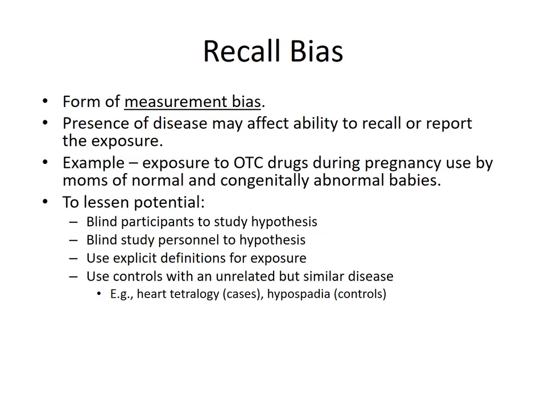How to minimize this bias? We can blind participants to the study hypothesis. So when we administer the study and ask the questions, we don't tell the participants what the hypothesis is. For example, if I'm looking to ask about honey given to babies less than 1 year old and its relationship with botulinum poisoning, we ask about different types of foods.